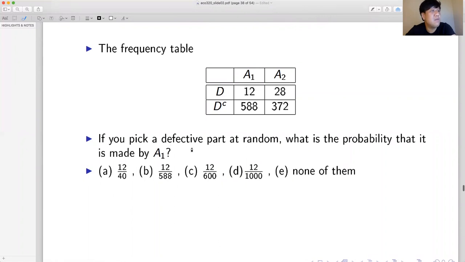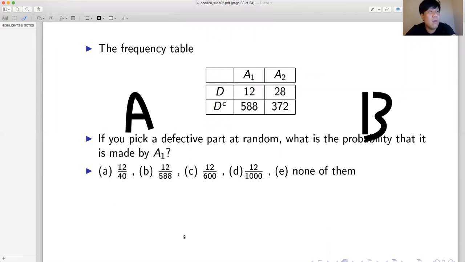If we pick a defective part at random, what is the probability that it's made by A1? After "if" is a conditional statement, as I told you before, and this is actually in the homework. If I say if A happens, what is the probability of B?